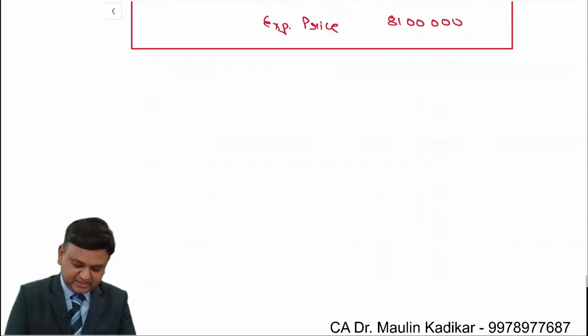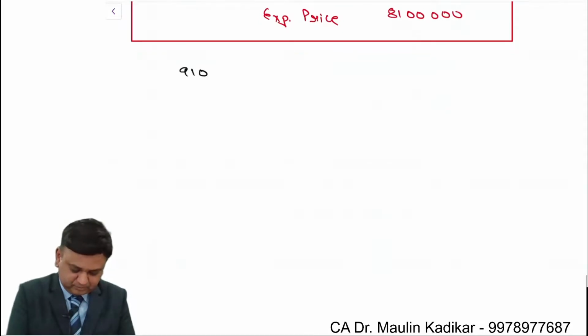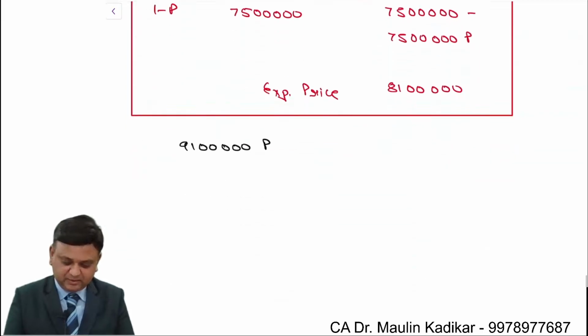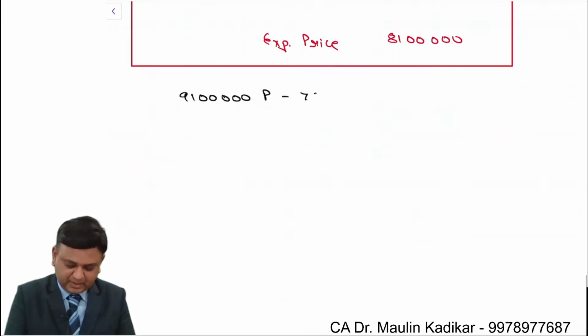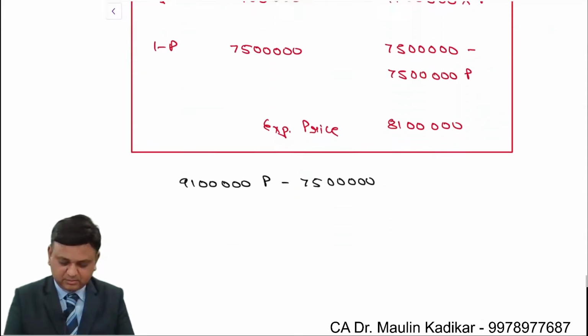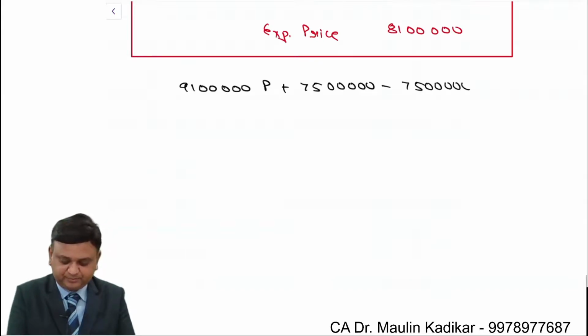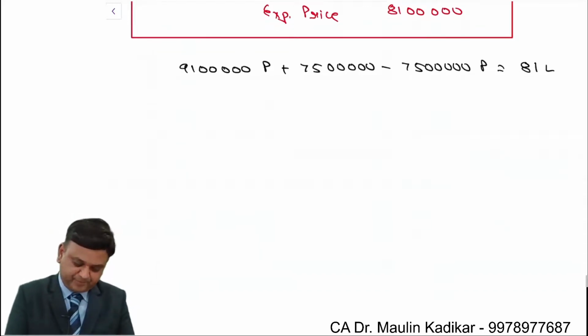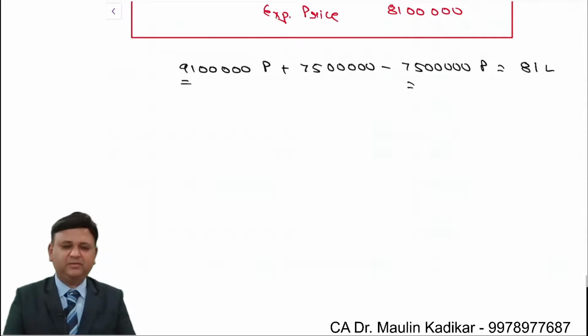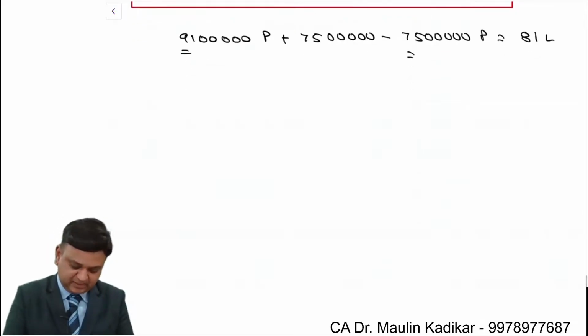So we understand that say 91 lakhs P minus 75 lakhs P plus 75 lakhs is equal to 81 lakhs. 91 minus 75, that comes to I think 16 lakhs.